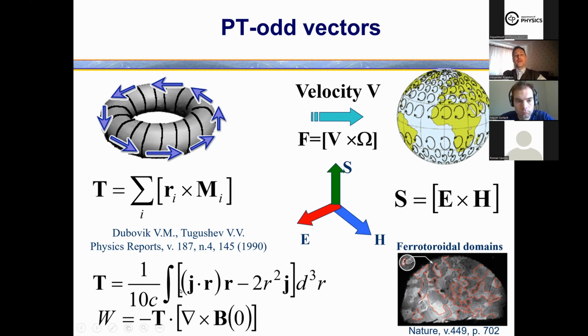And charge density also is a PT odd vector. And the Poynting vector also is a PT odd vector.